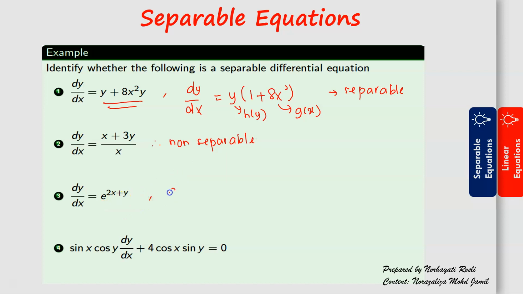And then for the third one, if you see, it is quite similar to the previous example. This is an exponential function to the power of 2x + y. Since it is a plus, we can write e^(2x) times e^y. So this is my independent variable function and this is my dependent variable function, so this one is g(x) times h(y).